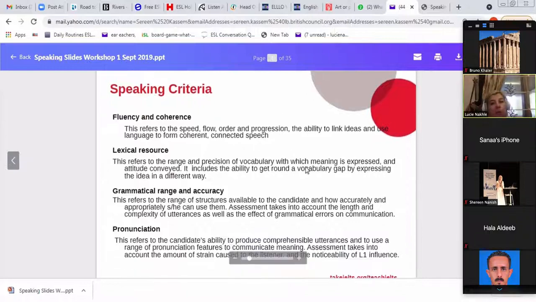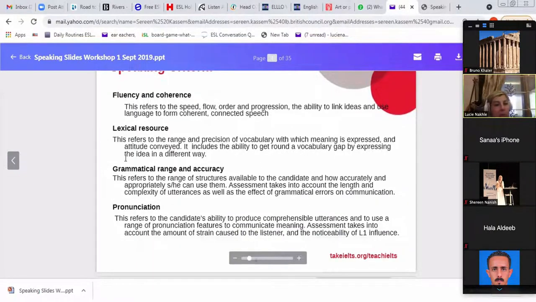Now I'm going to give you a few seconds. We've talked about grammatical range and accuracy. Lexical resource, again, an example of this: Sana's answer, she said place and I said workplace. So obviously workplace is better because it conveys the workplace environment or the company she works in. Okay?